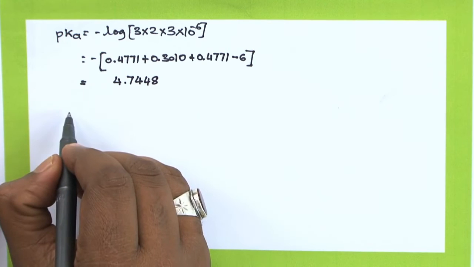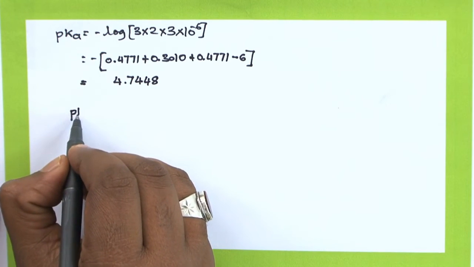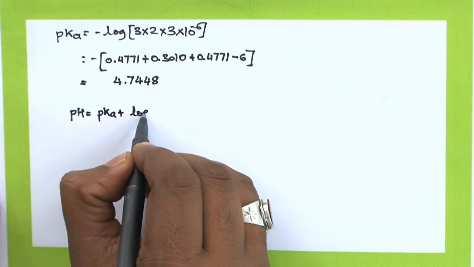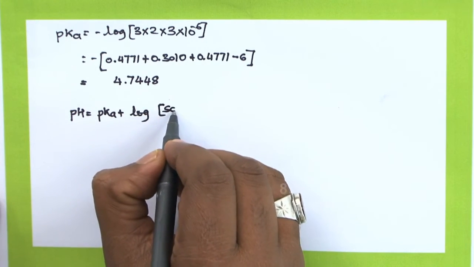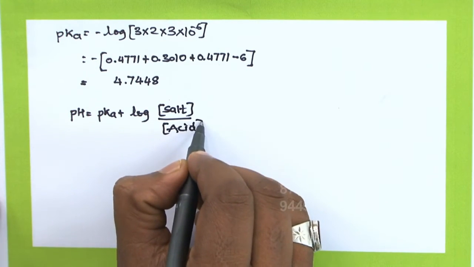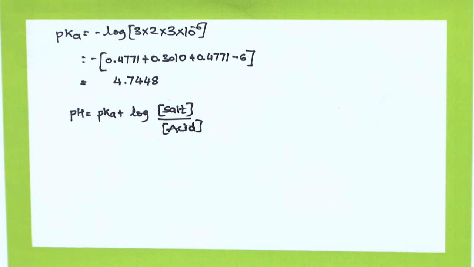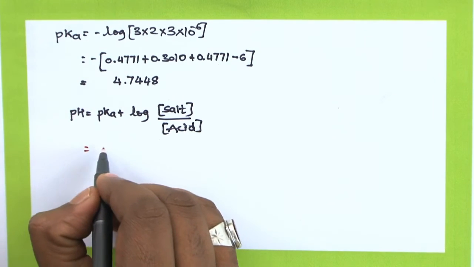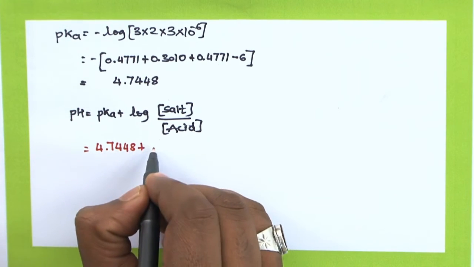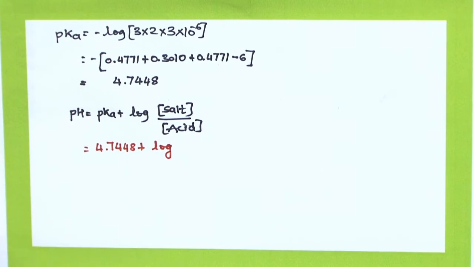Hence, you need to calculate the pH. pH is equal to pKa plus log of concentration of salt divided by the concentration of acid. The salt given is sodium acetate and the acid is acetic acid. So pKa value is 4.7448 plus log of concentration of salt.